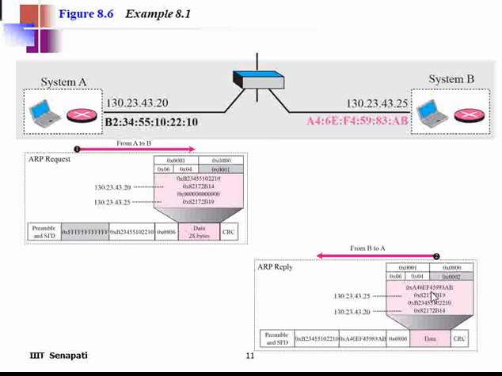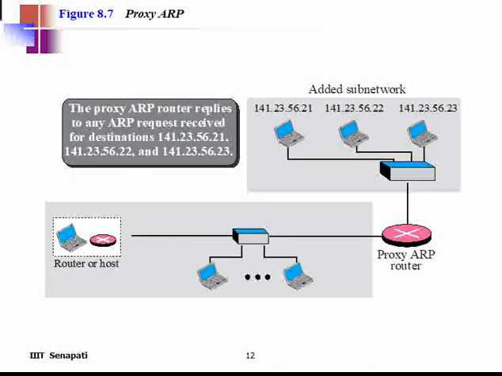So you are writing the source address, this is the IP address and this is the physical address, which is system A's physical address and IP address. This is the reply packet kept in the data link layer frame. So this is the sender's physical address, and this is the receiver's physical address, and now it has been sent.